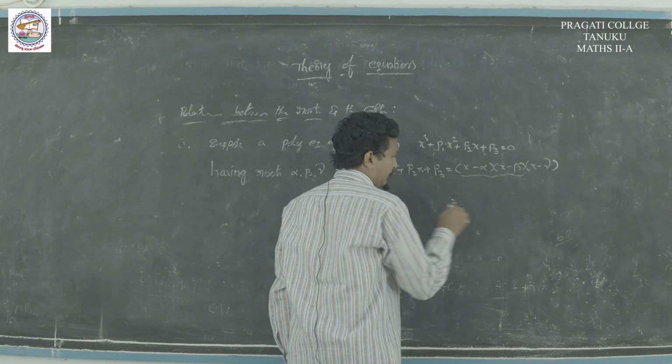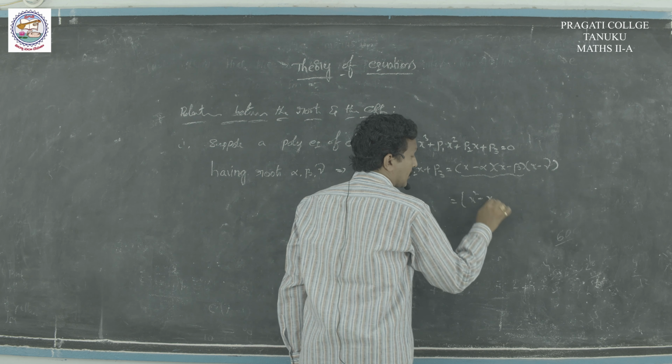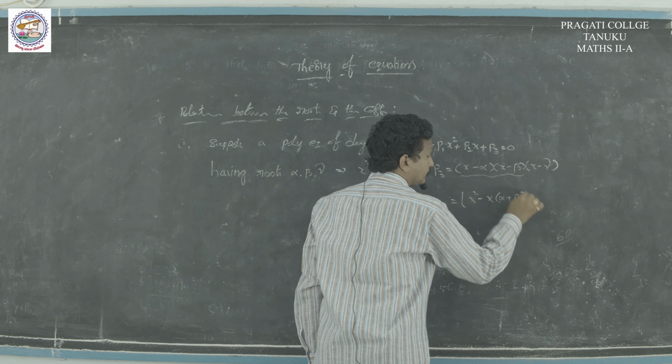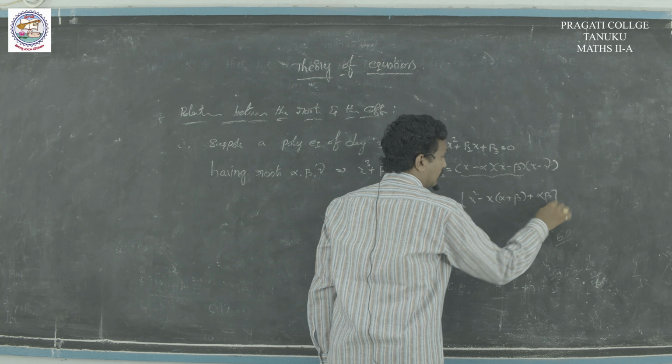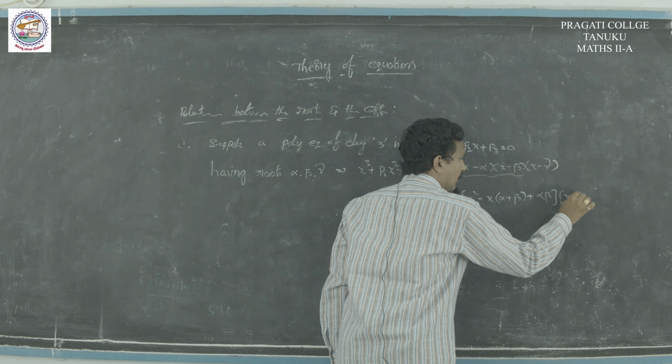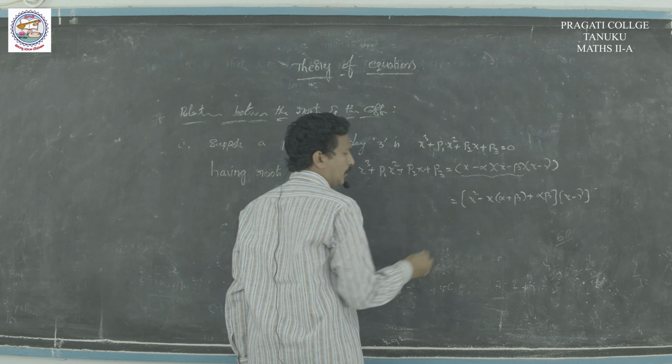So it can be written as x square minus x into alpha plus beta plus alpha beta. And the third term is x minus gamma. Again these two are multiplying.